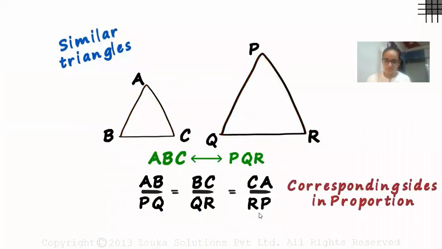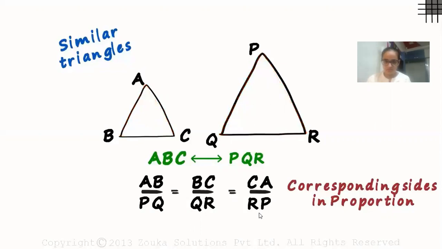Now let's get to the angles. Similar triangles always have the same shape. What does that tell us about the angles? Yes, the measures of corresponding angles of similar triangles will be equal.